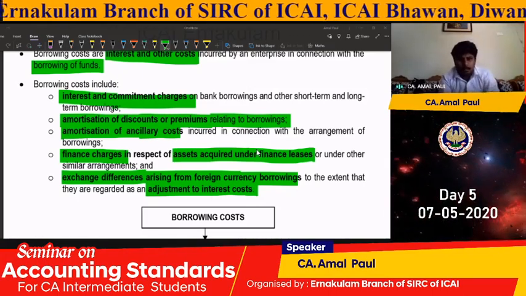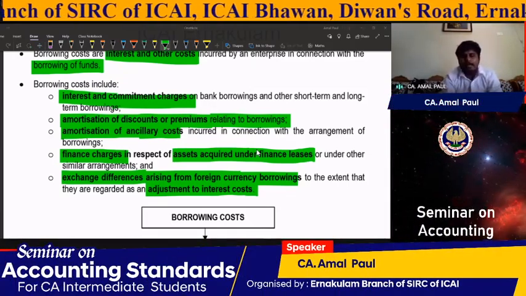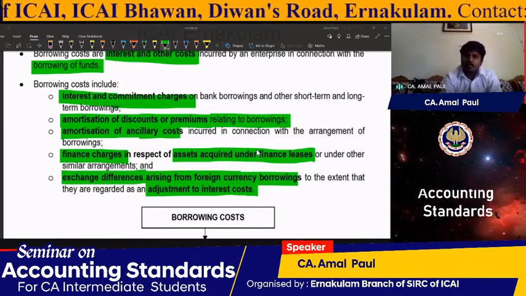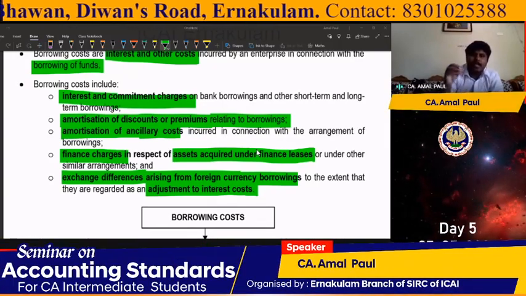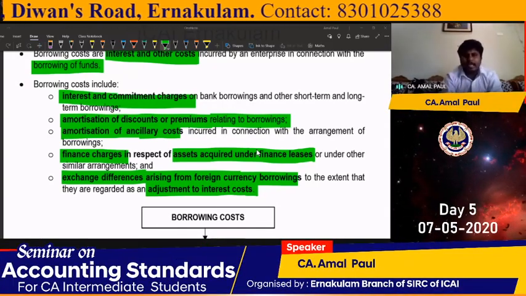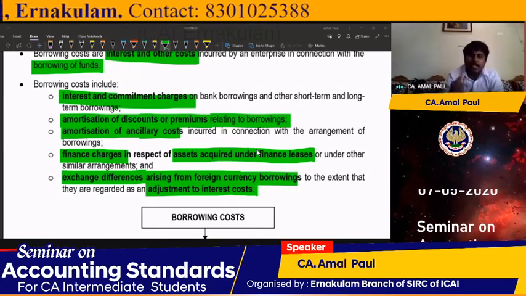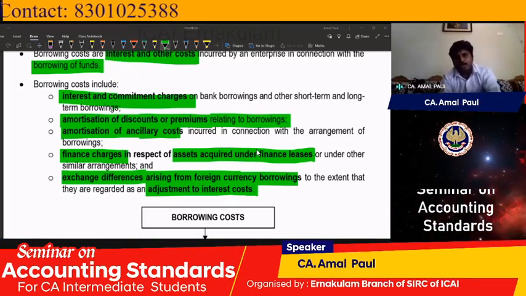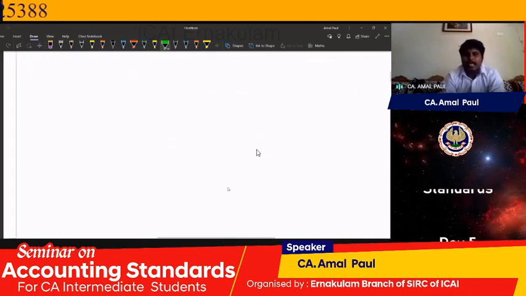If you check the fifth component, there is an area from which we can expect a question. So we will analyze this fifth component carefully. First four components are routine items. Fifth one is a little bit technical. So we will discuss this fifth element, that is exchange difference to the extent considered as an adjustment to borrowing cost. If you consider this, we'll take an example.